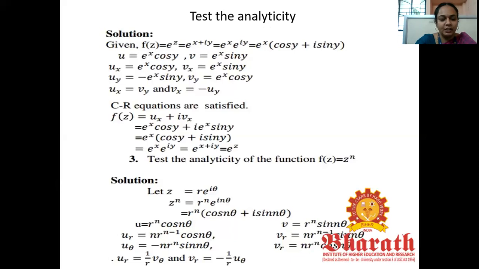Now we can check the analyticity. In polar coordinates, the CR equations are ur equal to 1 by r into v theta, and vr equal to minus 1 by r into u theta. Here the CR equations in polar coordinates are satisfied. So the given function is an analytic function.